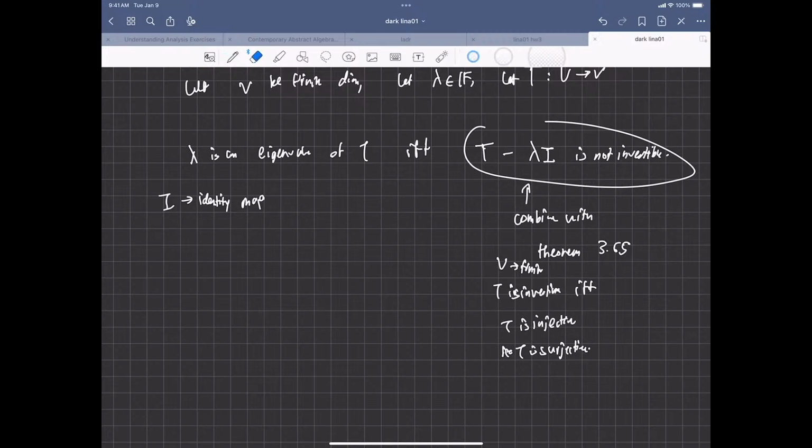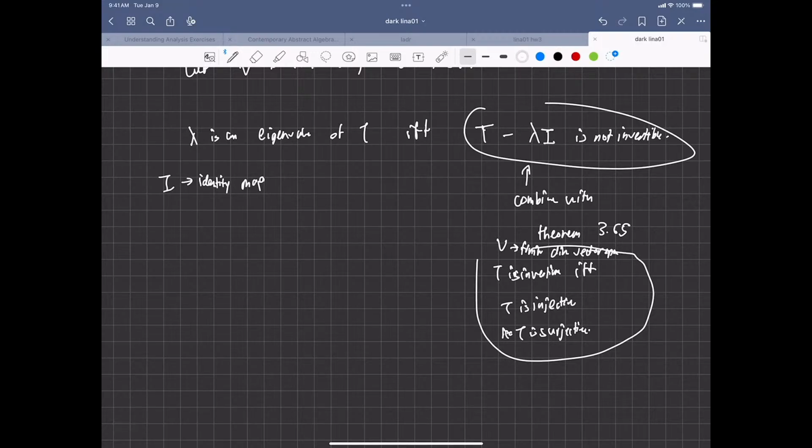This is only true over finite dimensional vector spaces. We'll talk more about eigenvalues of infinite dimensional vector spaces later, but they are not as interesting, basically.